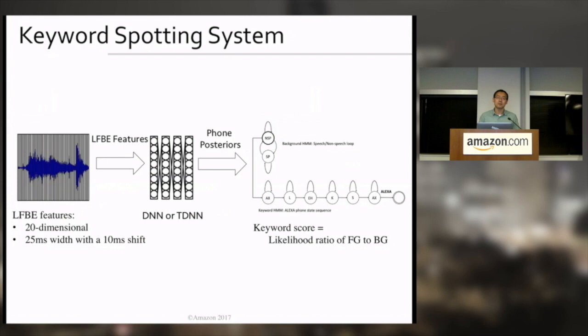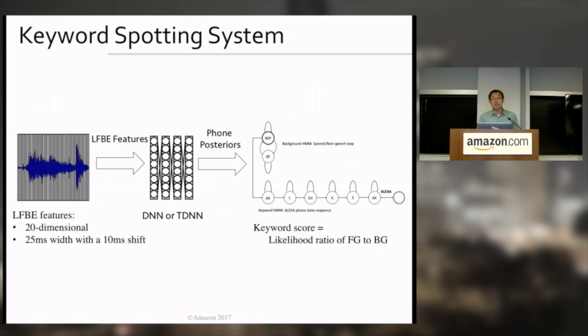Instead, we also include the features from a few frames in the past and a few frames in the future to form a context window to provide more information for the acoustic model to make better predictions. This acoustic model outputs the posteriors for the Alexa phones, as well as other phones used to model the background.